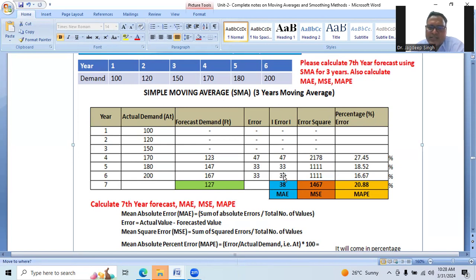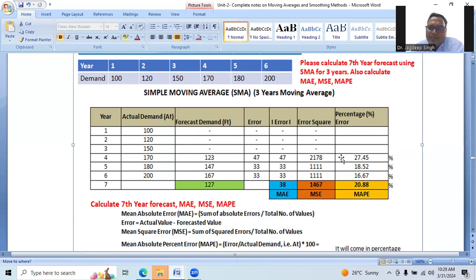So here it is in the next column. And further, we need to take the square of that error. So it will become 2178, 1111, and 1111. Double one and double one for 33, 33. Then again, to calculate MAPE, we need to calculate the percentage error.